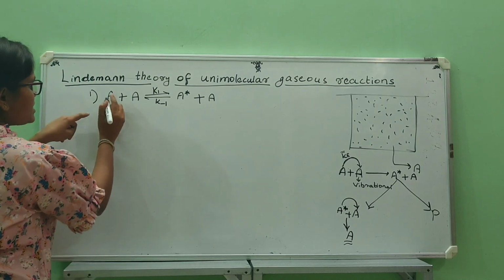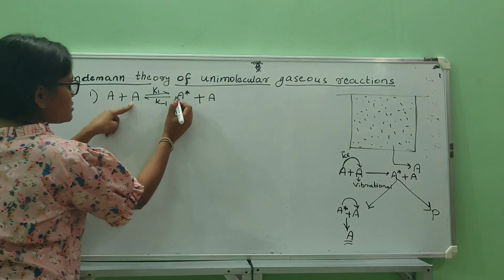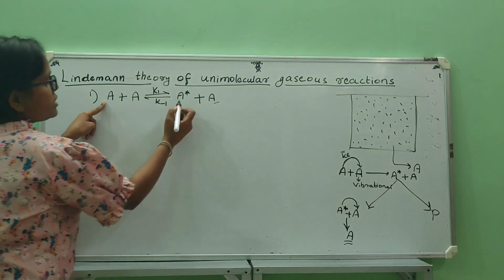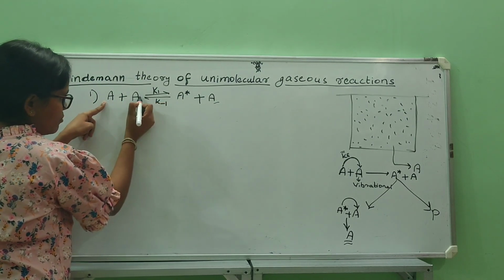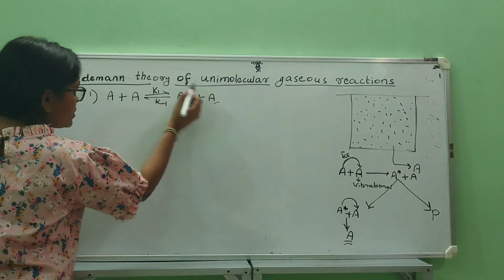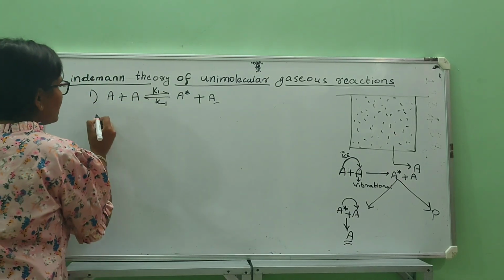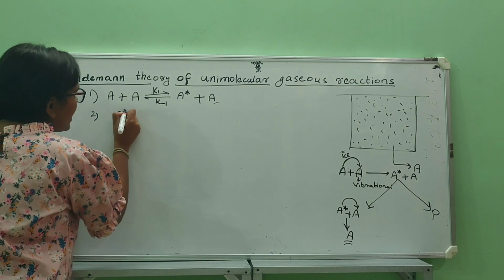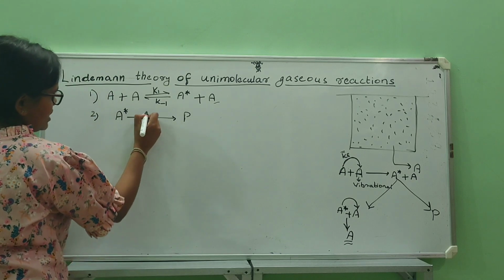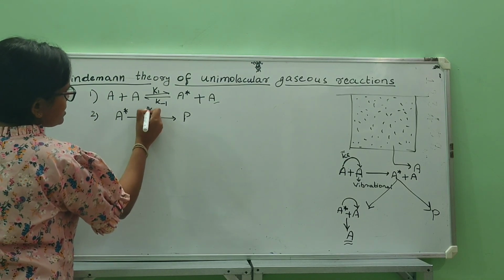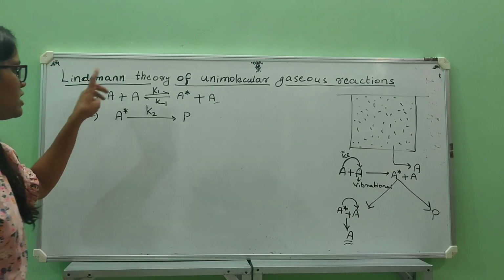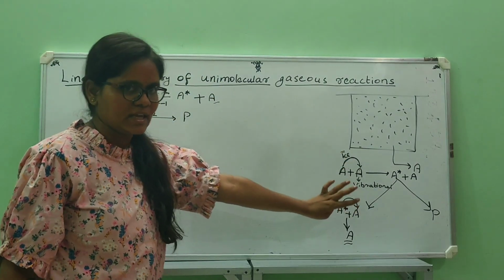Here A is transferring its energy to A and becoming A star, and this is the de-energized A molecule. Now this A star can come back to its original state by colliding with another molecule, so this step is reversible. In the second step, A star can give rise to product. The rate constant for this step is K2. This was the mechanism proposed by Lindemann for unimolecular gaseous reactions.